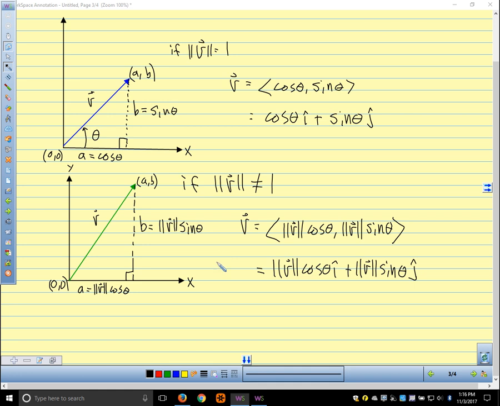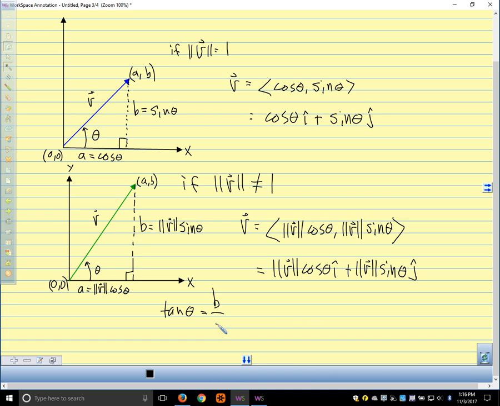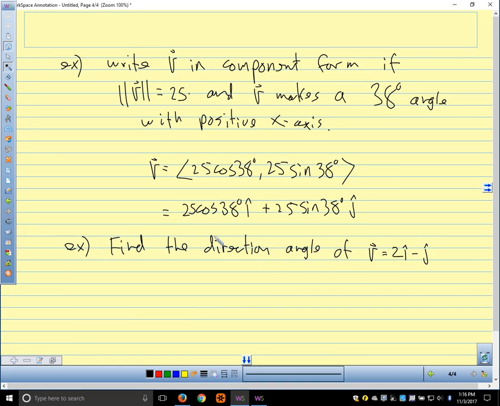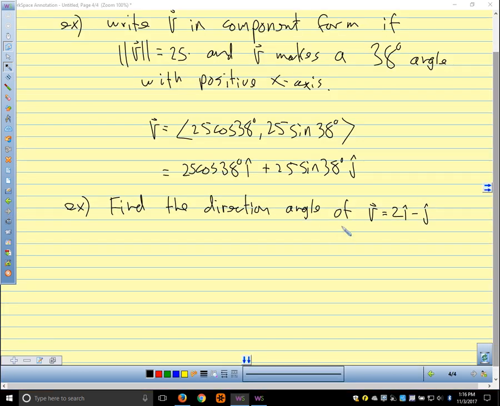We know this from when we talked about trigonometry, but tangent theta is opposite over adjacent, so it would be b over a, y over x. That's what we talked about before.